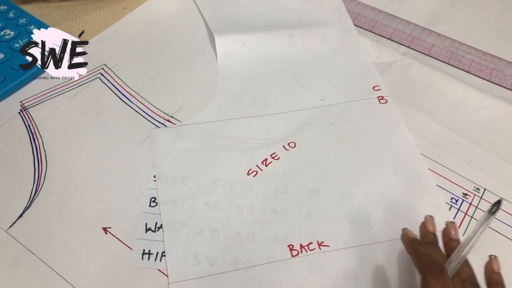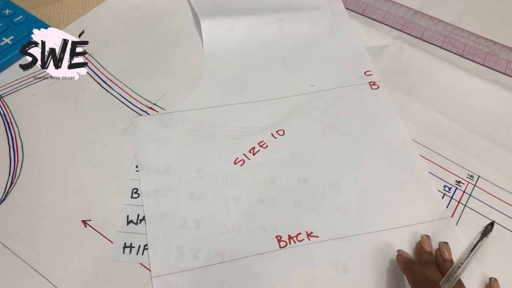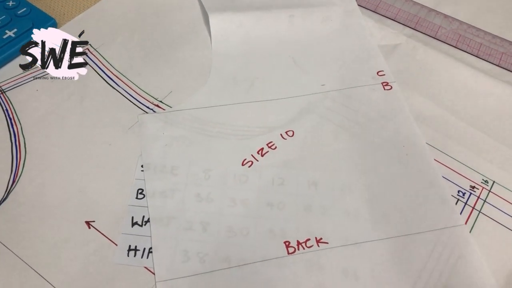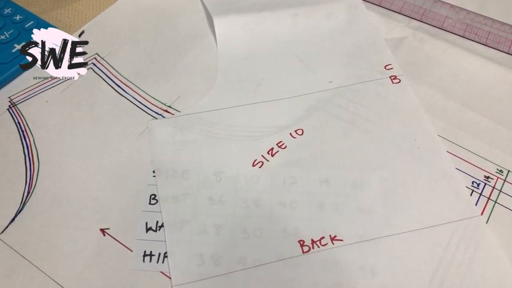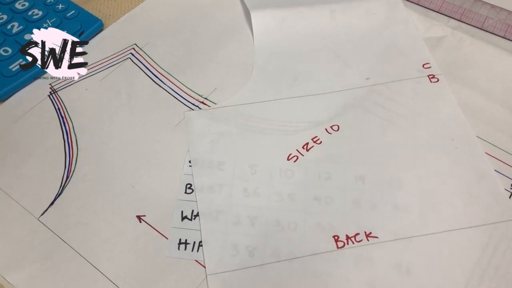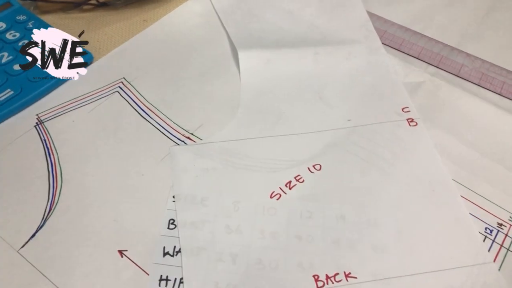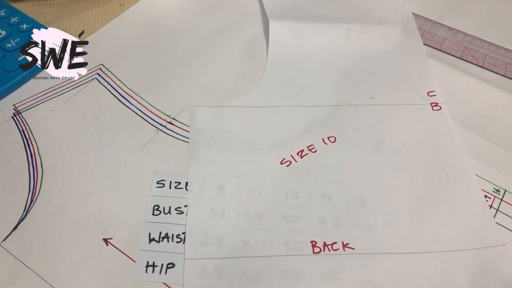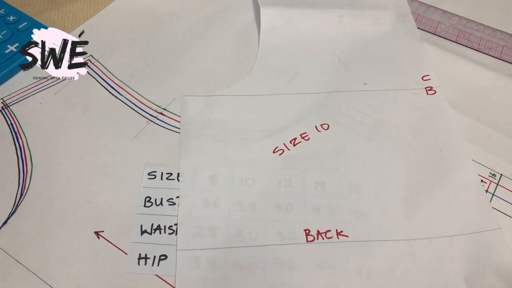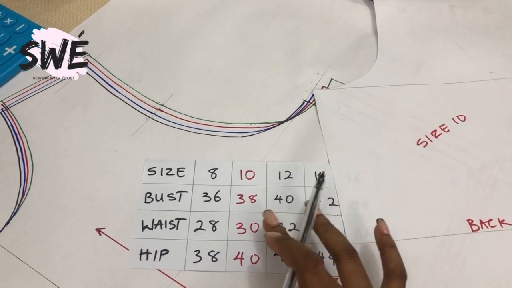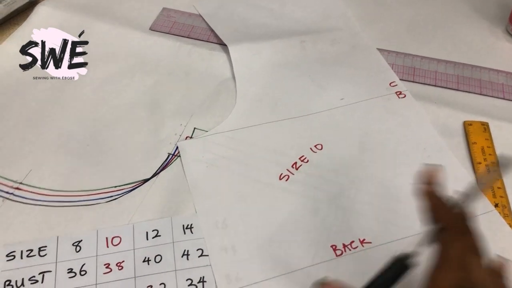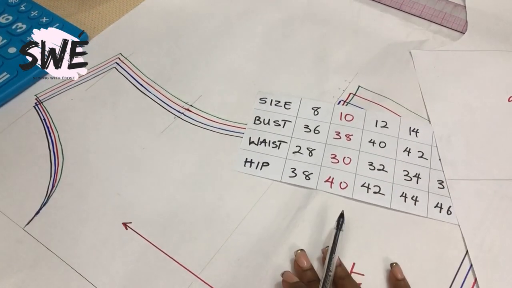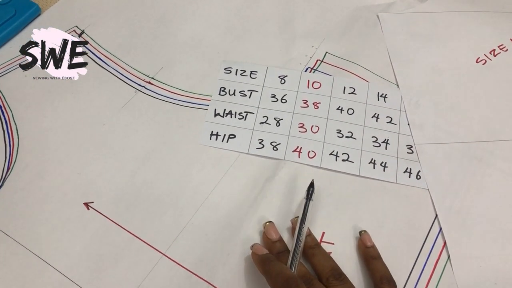Or this, not the block, the size of the design I'm going to be using, because you don't only grade blocks, you can grade any design you create. So this is the size of the pattern I'm going to be grading, the size 10. So that's why this is in red. I'm going to decrease and increase the size of this pattern just like I did here.